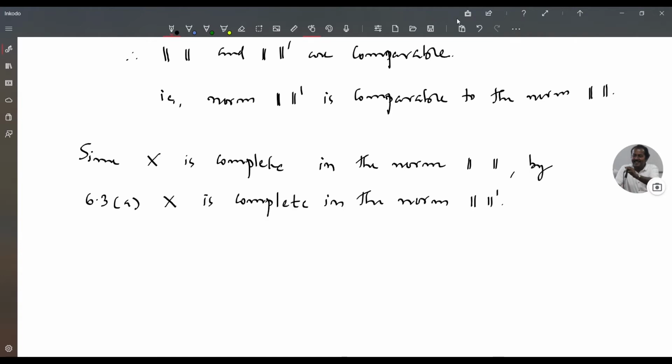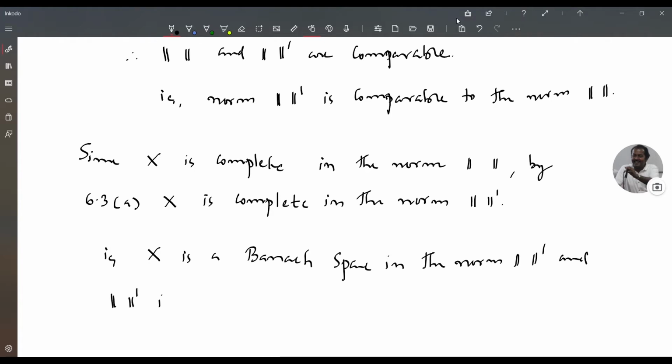That is, X is a Banach space in the norm dash, and norm dash is comparable to the norm.